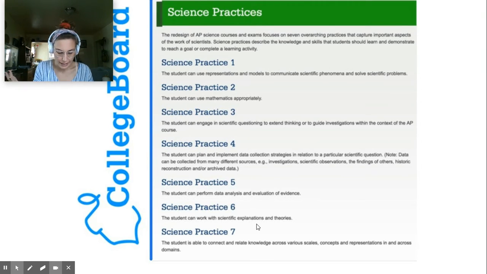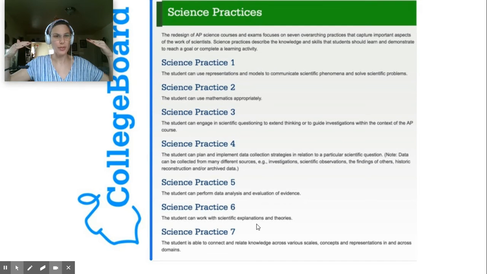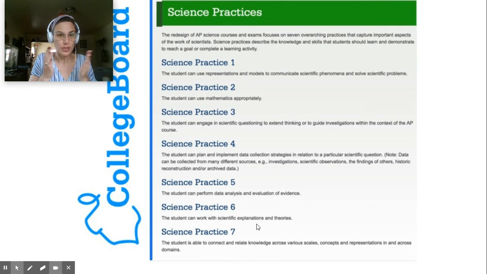Okay, and then finally, step 7 is all about expanding your understanding and being able to connect it to other themes, other concepts, other ideas in our biology course. So it's sort of that extension piece. So if you can draw connections between seemingly isolated concepts and actually show that there is a connection between them, there's an underlying theme beneath them. That's really what science practice 7 is about.